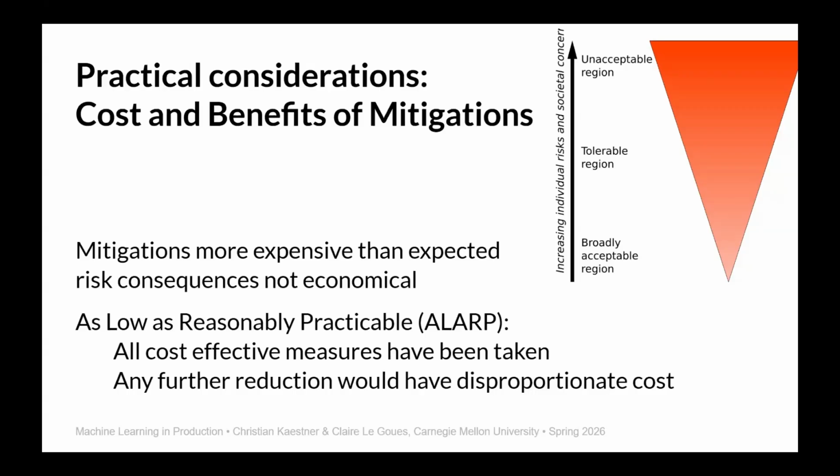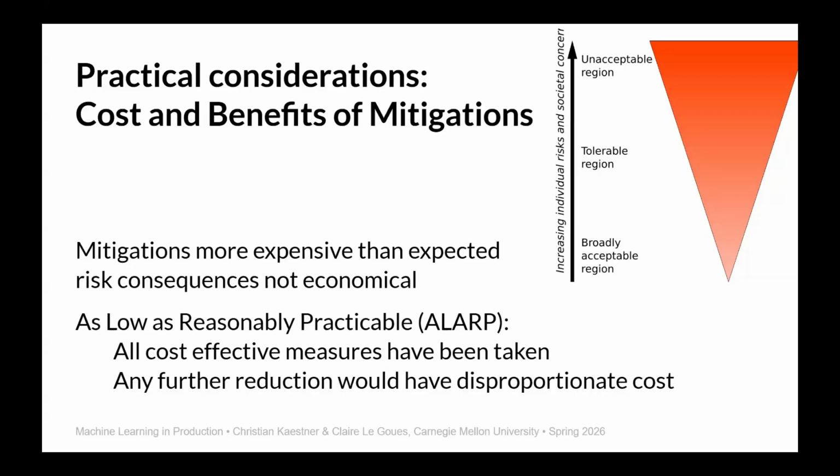In software, we mostly get away by saying we have no responsibility. We will talk about this later too, like user agreements and so on. But in general, if there was a reasonable mitigation, you cause a harm that you could have easily prevented and it was not that expensive, then you should have done it, and it's negligent not to do it, right? You can get sued over this.